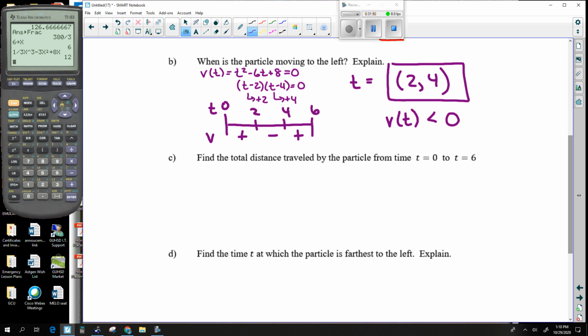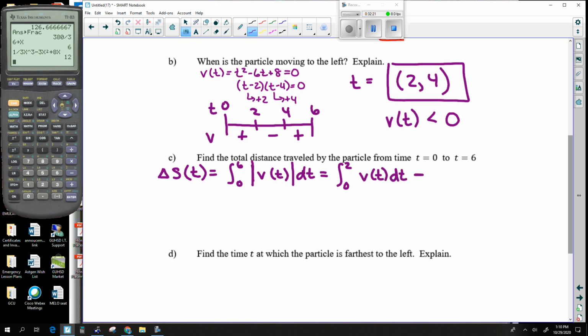So find the total distance traveled. So total distance is the integral from 0 to 6 in this case of the absolute value of the velocity. So getting done with the problem that I just did, I know when this is moving right and left, et cetera. So this would be equal to the integral from, it's positive, so it'd be 0 to 2 of this positive.